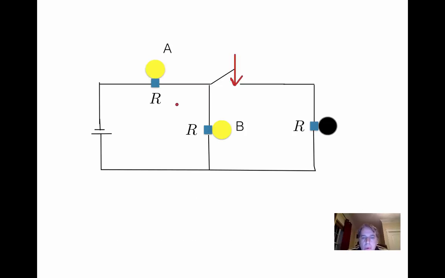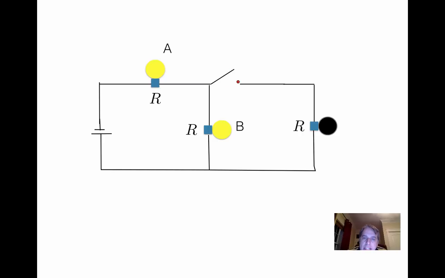Another example. We're connected this way. You have light bulb A here, light bulb B, and a switch here, and then we close it like this. Initially when it's open, there's no current in this branch, so this bulb is off, and we just have current flowing in those two light bulbs.